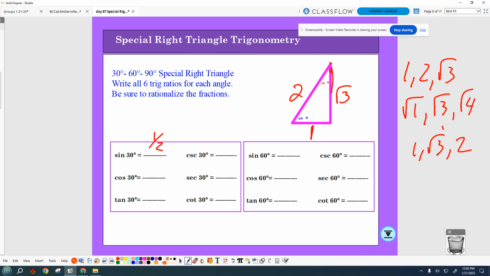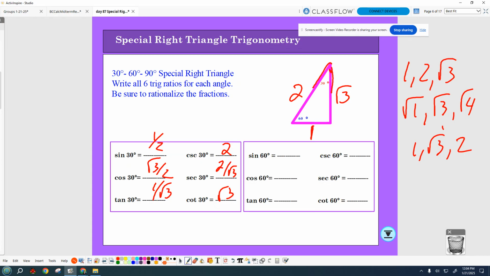Root 3 over 2. Emery, what is tangent of 30? 1 over root 3. So then, Cherry, cosecant of 30? 2 over 1, or just 2. So basically it's secant of 30, this one upside down, 2 over root 3. And cotangent of 30 is root 3.